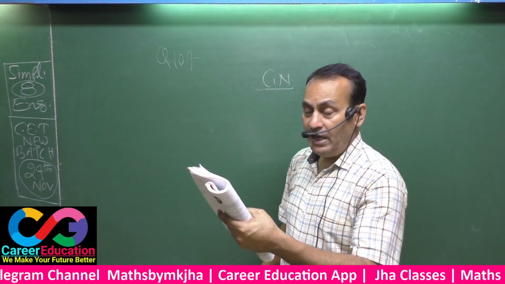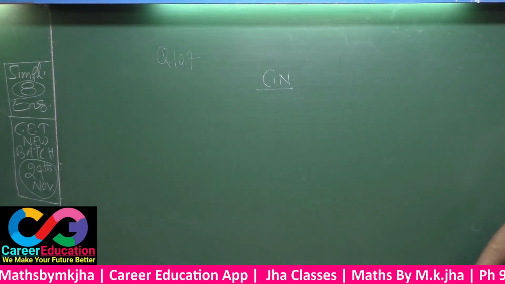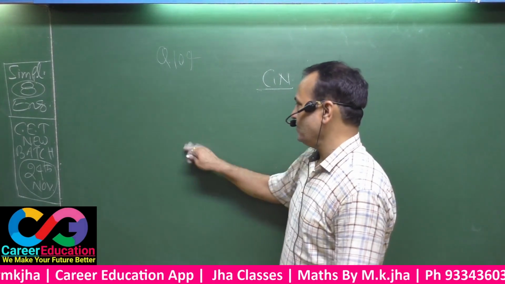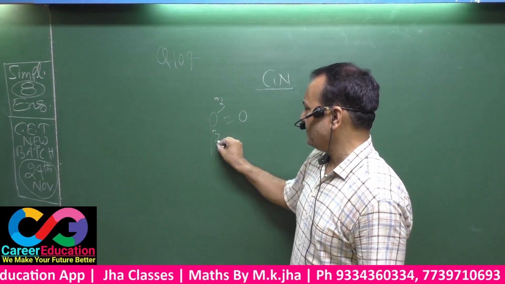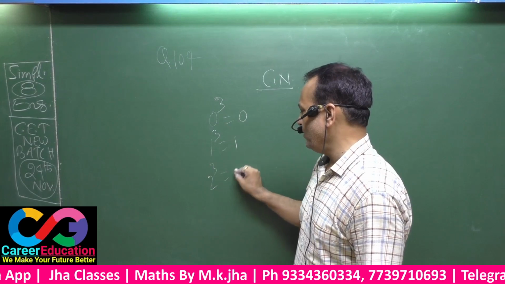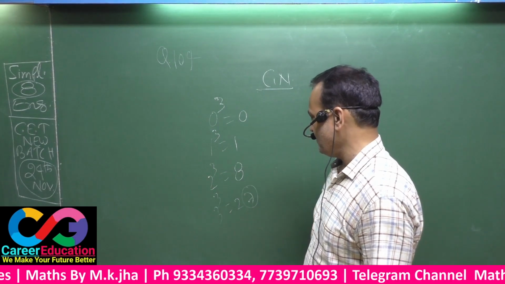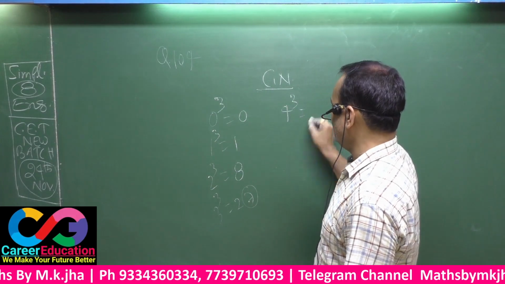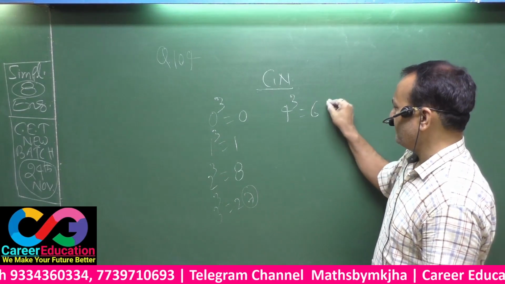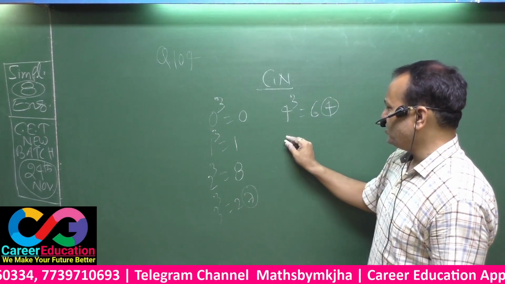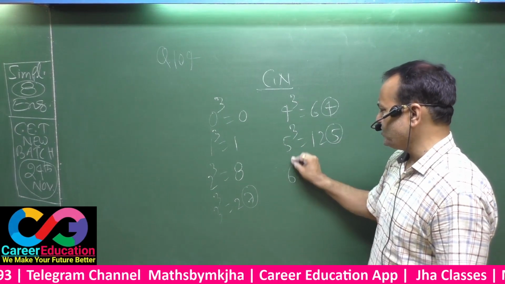Write down: at unit place of a cube number, any digit is possible.